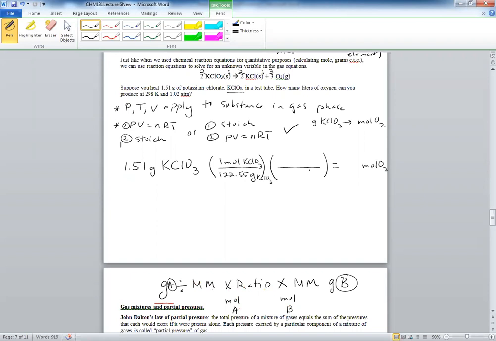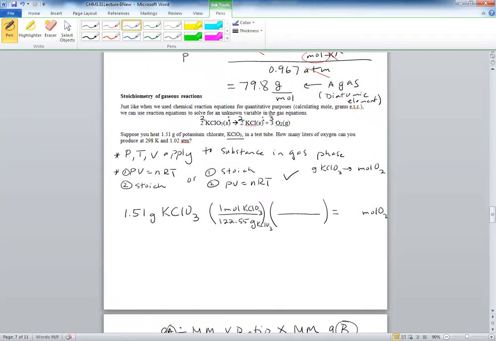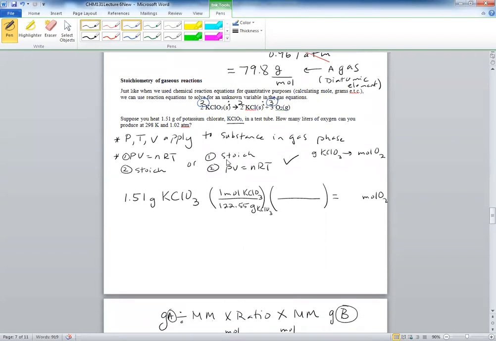Very well. What's the ratio of oxygen to potassium chlorate? It's 3 to 2. 3 moles of O2 to 2 moles of potassium chlorate. So the moles of potassium chlorate go down here, so they can cancel out, and the moles of O2 go on the top. And now we can cross out stuff.